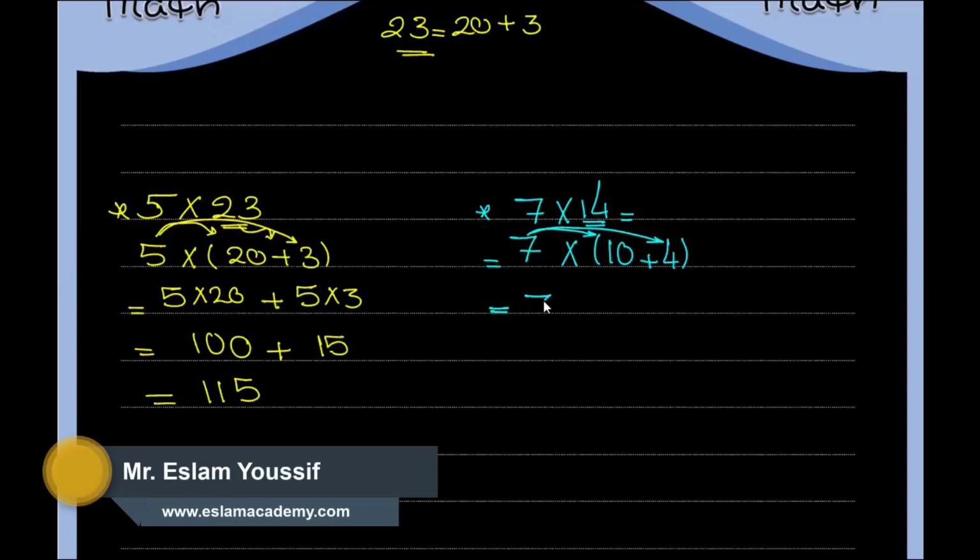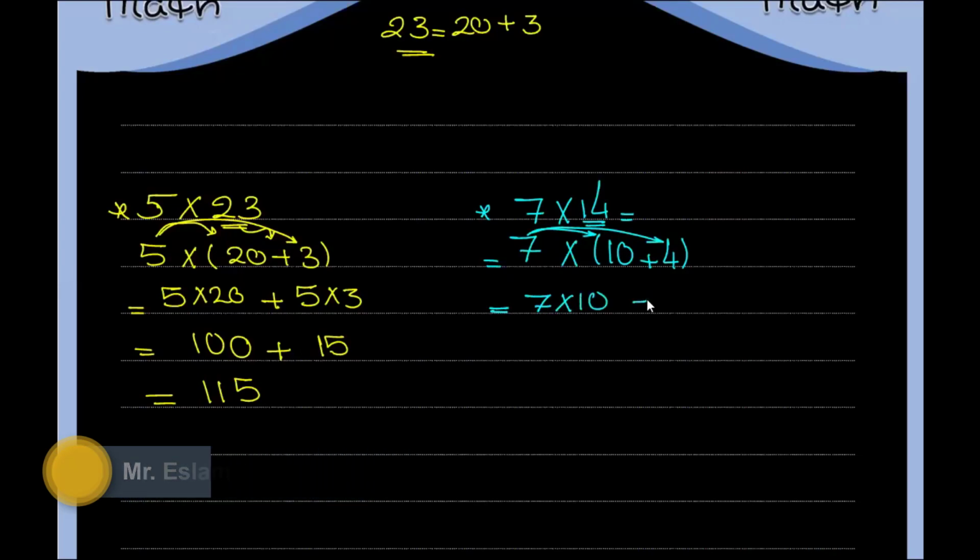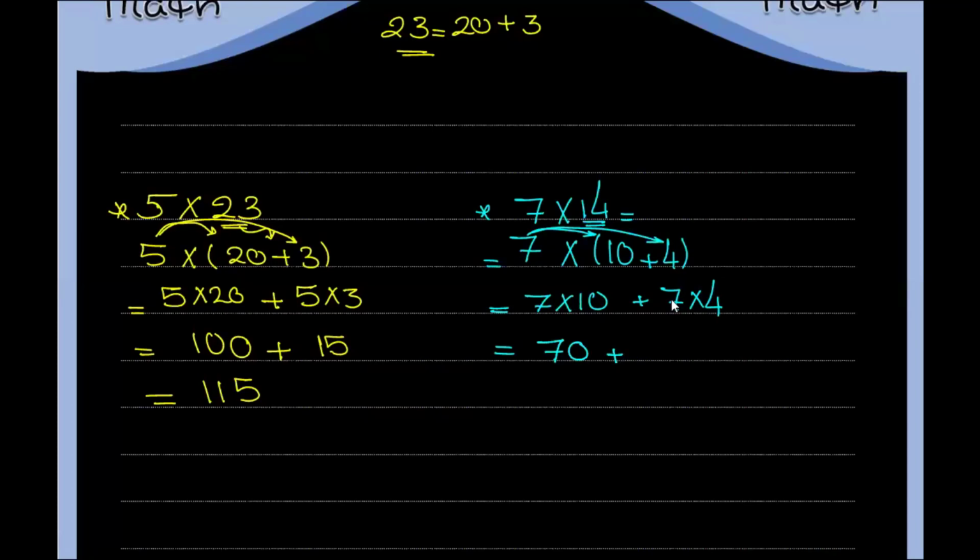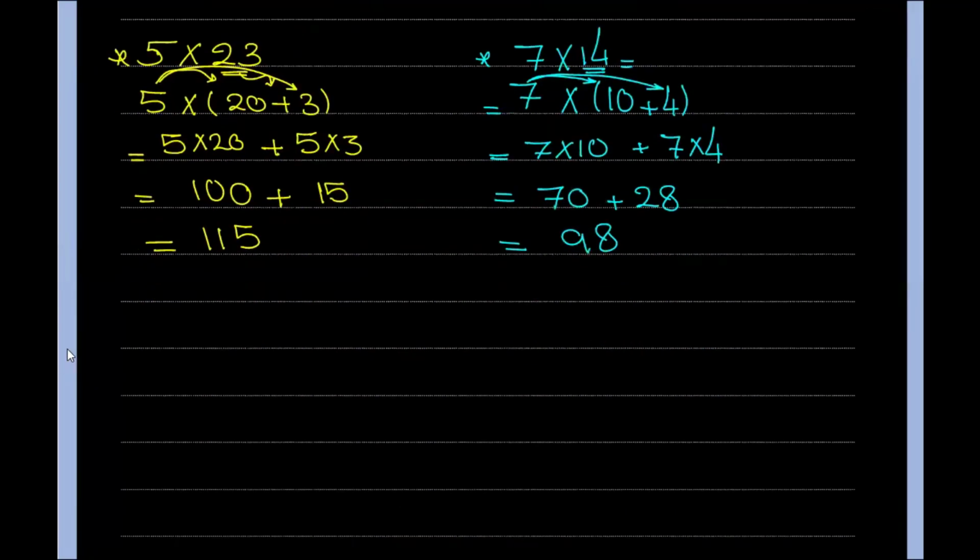So it will be 7 times 10 plus 7 times 4. 7 times 10 equals 70 plus 7 times 4 equals 28. By adding, it will be 98.